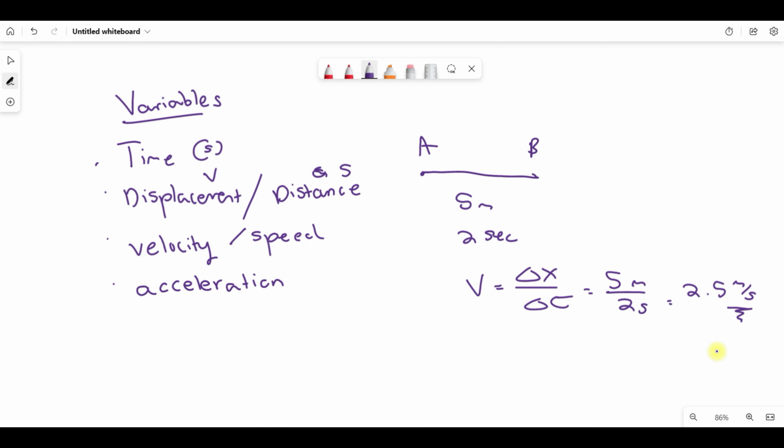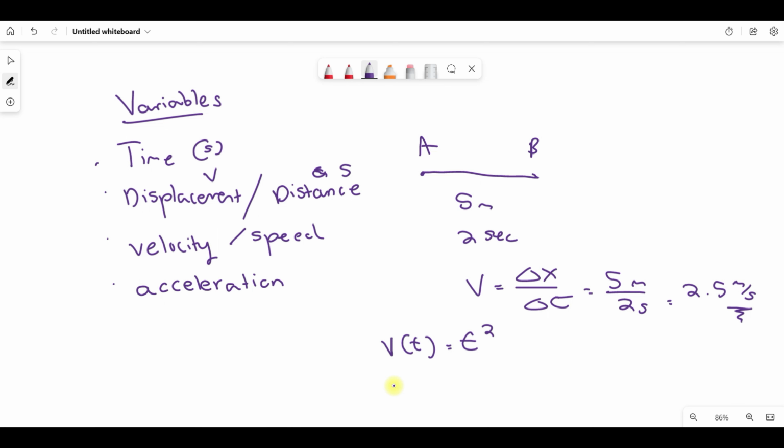Now, another way they could test this in Physics C is they give you an equation for velocity or displacement, and they ask you to find the other counterpart. So let's say you had v of t is equal to t squared.